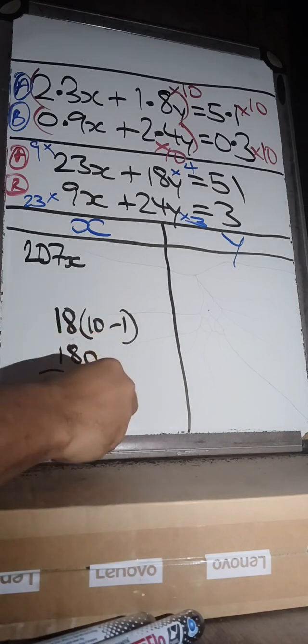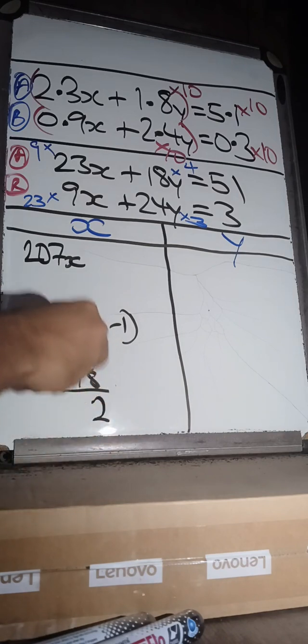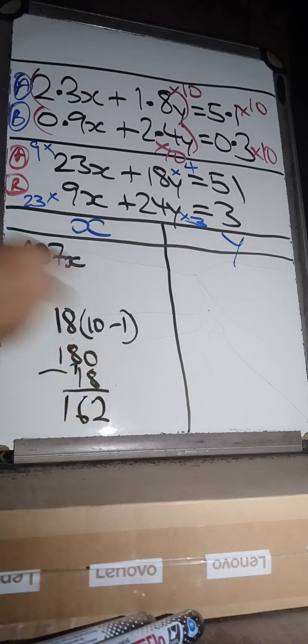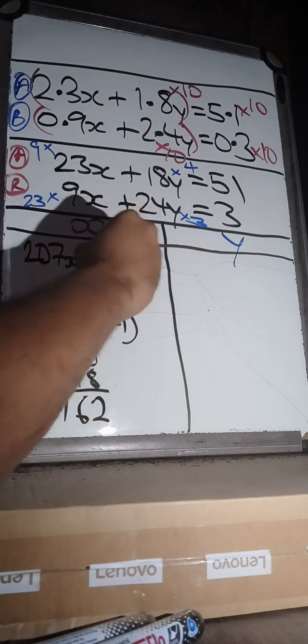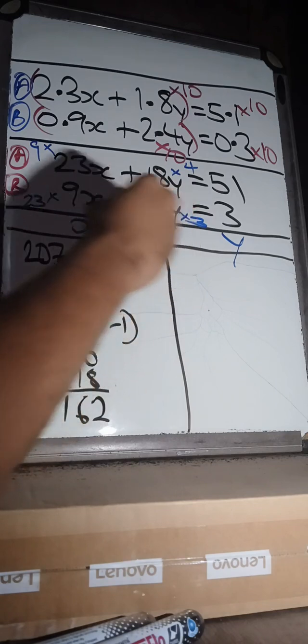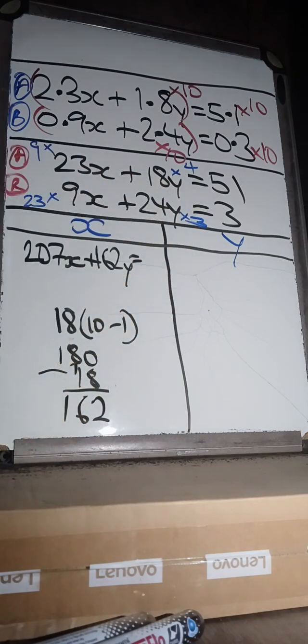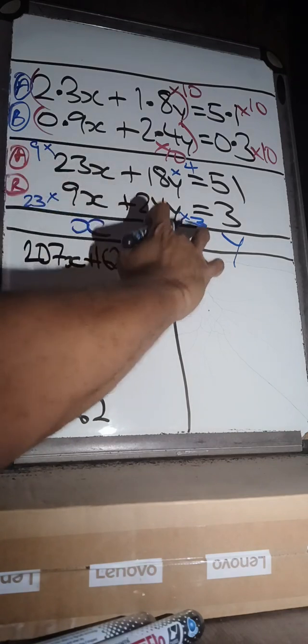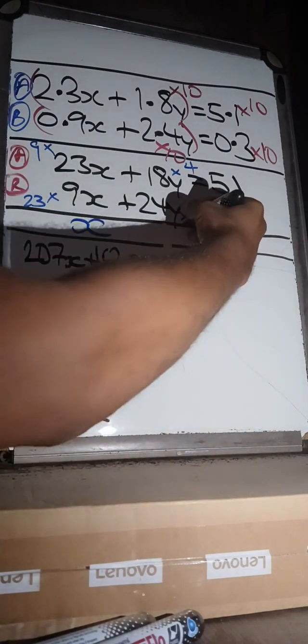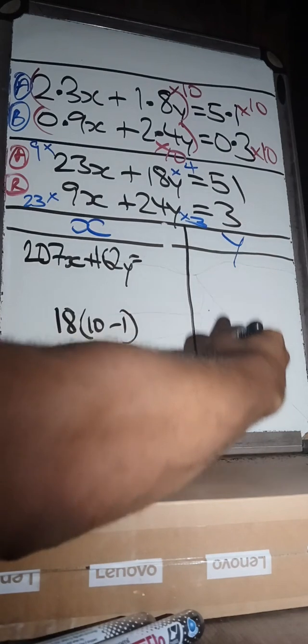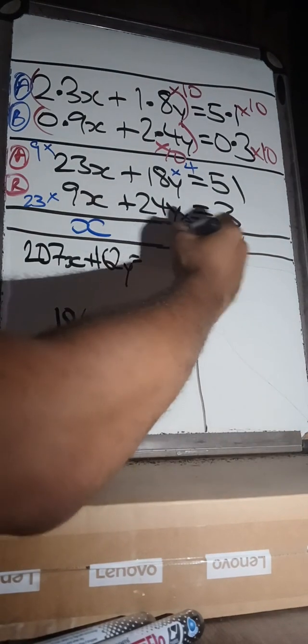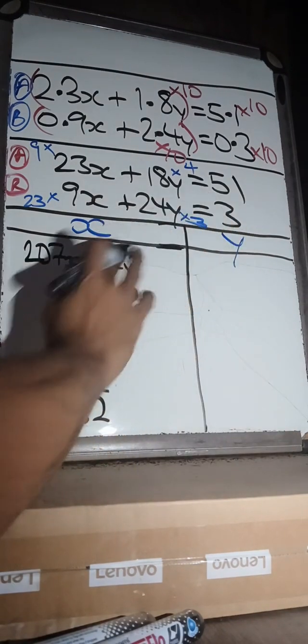Okay, so we have 2 here, carry a 1. So 8 minus 2 is 6. Alright, so that will be plus 162y equal, what is it? You know what? This is too, move it over a little bit. I'll give myself some more space, yeah?